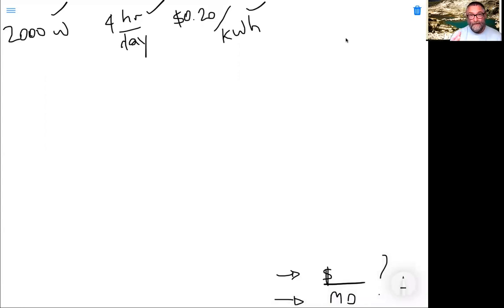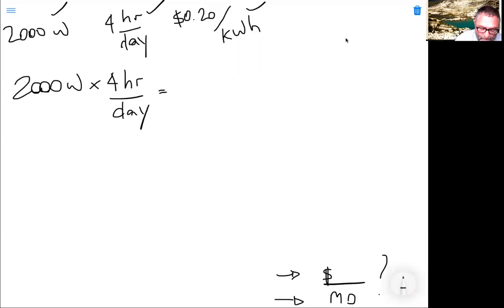I also need to have a couple of numbers in my head that I think most of us already know. First of all, I'm going to do this. I want to multiply those two things together because I've got a feeling that watt hours might be useful.